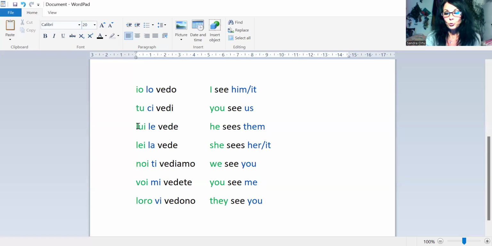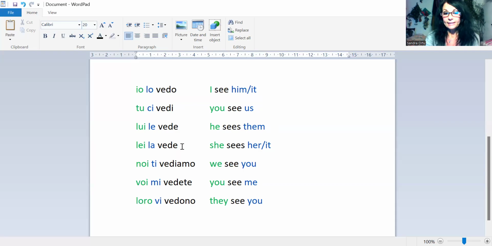Another example, lui le vede, he, in green, sees them. Le, in Italian, is feminine plural. So if we have two girls, lui vede Maria e Rosa, instead of having to repeat the names of the two girls, we can use le, or them in English.